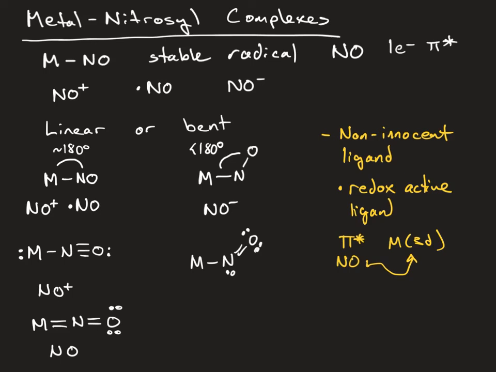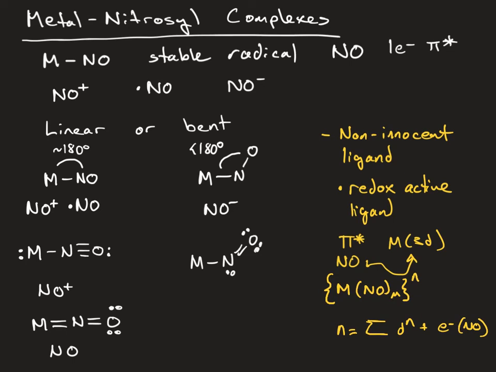And because of this, a notation has been developed, where in brackets you'll put the metal, the number of NO ligands, and then a number n, where n equals the sum of the metal d electrons plus the unpaired electron from your NO ligands.